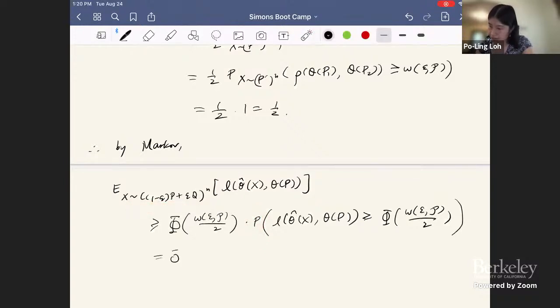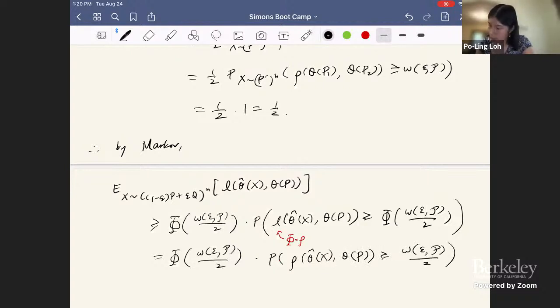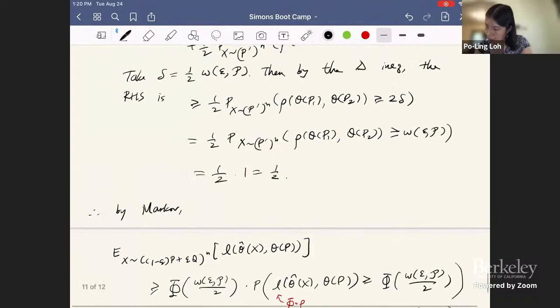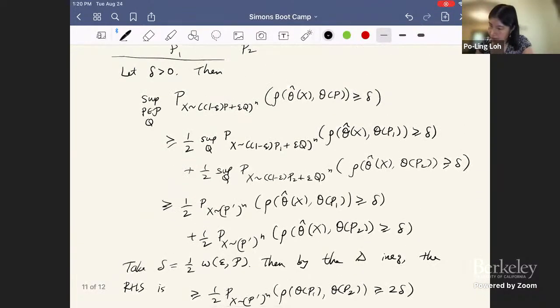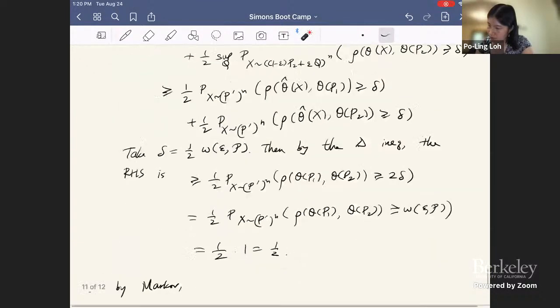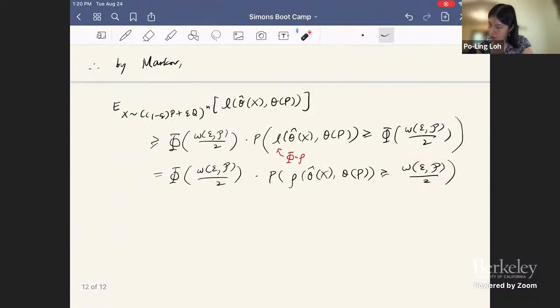And this is equal to, so here's where I remind myself that L is equal to phi composed with rho. So this is phi of omega of epsilon P over 2 times the probability that rho of theta hat, theta of P is at least omega of epsilon P over 2. And this is exactly what I have calculated back up over here. So here delta was omega over 2.